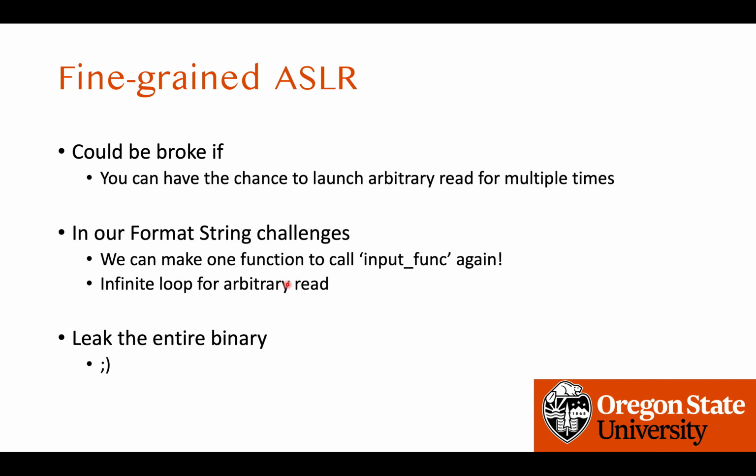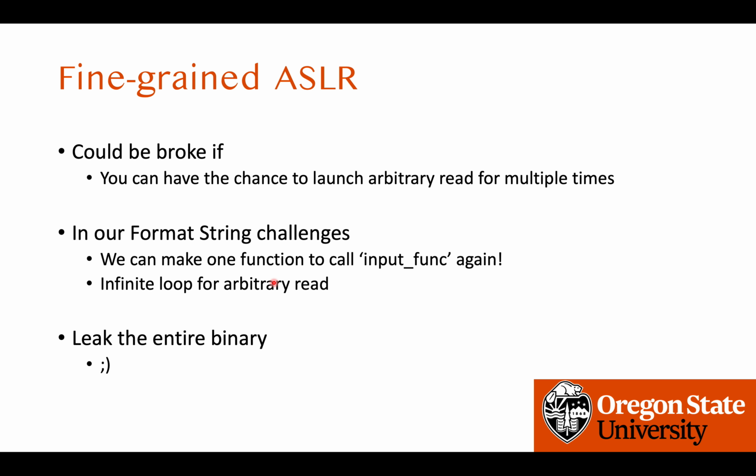So these defenses can make attacks harder, but they cannot prevent the attack completely. Suppose you have one format string vulnerability, and you can make the format string attack run the function that invokes the format string vulnerability again, then you could have an infinite loop for arbitrary read.